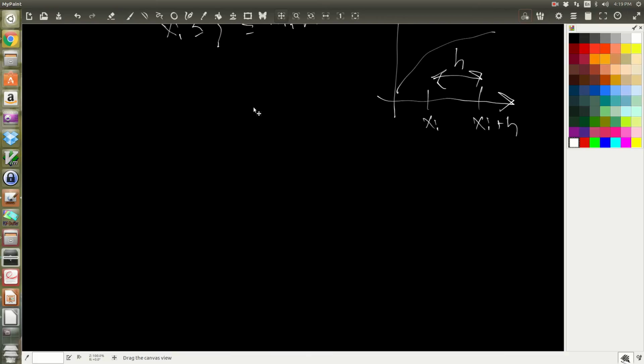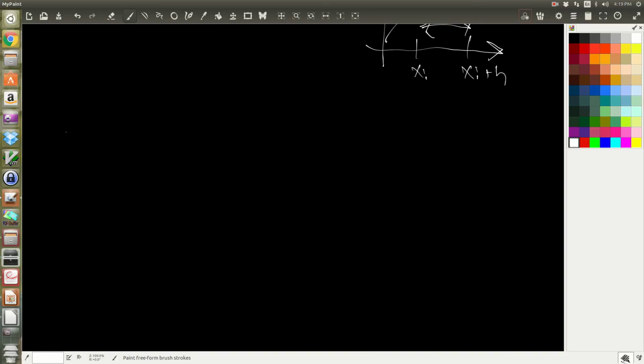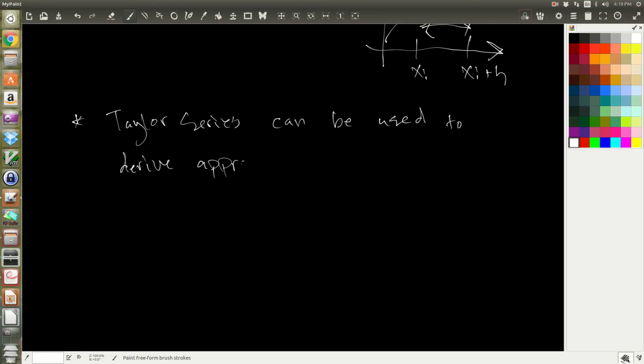Alright, so just in summary, we showed that the Taylor series can be used to derive approximations for derivatives.